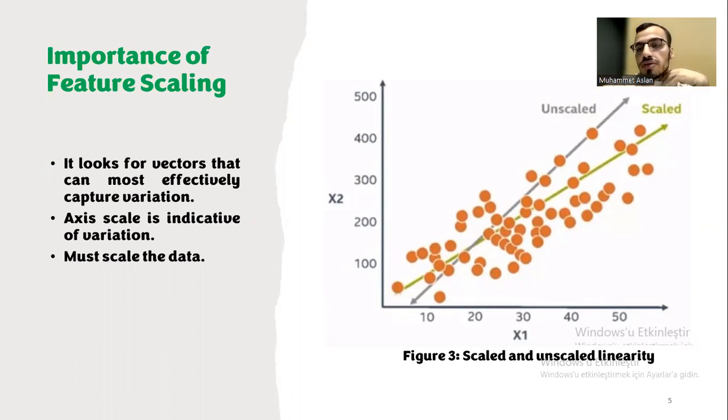All data must be included here, with X1 and X2 data gathered here, but we don't know, and the performance of the feature can be reduced because of this. But the importance of feature scaling is giving us linearity of this data in one line.